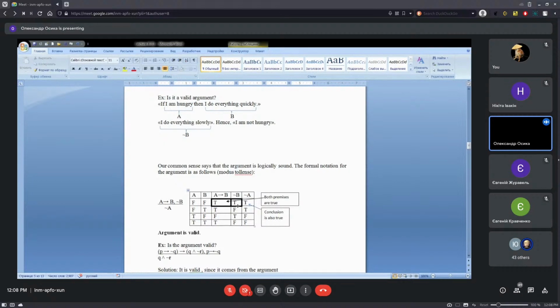Both premises are true on a single interpretation, A false, B false. But the conclusion, not A, is also true here.